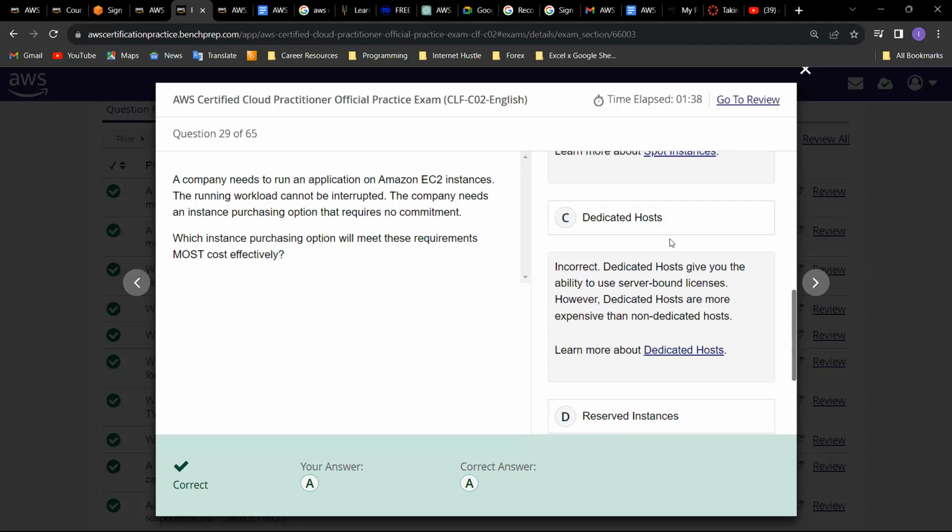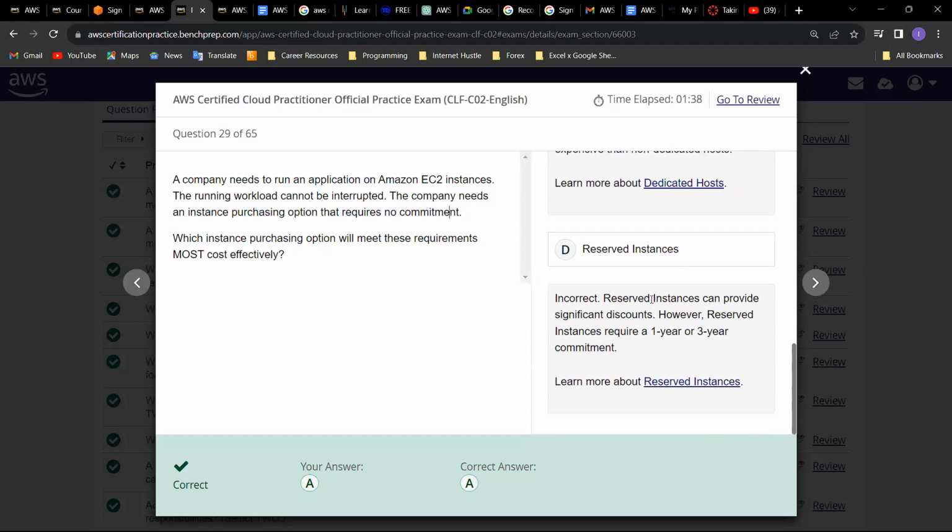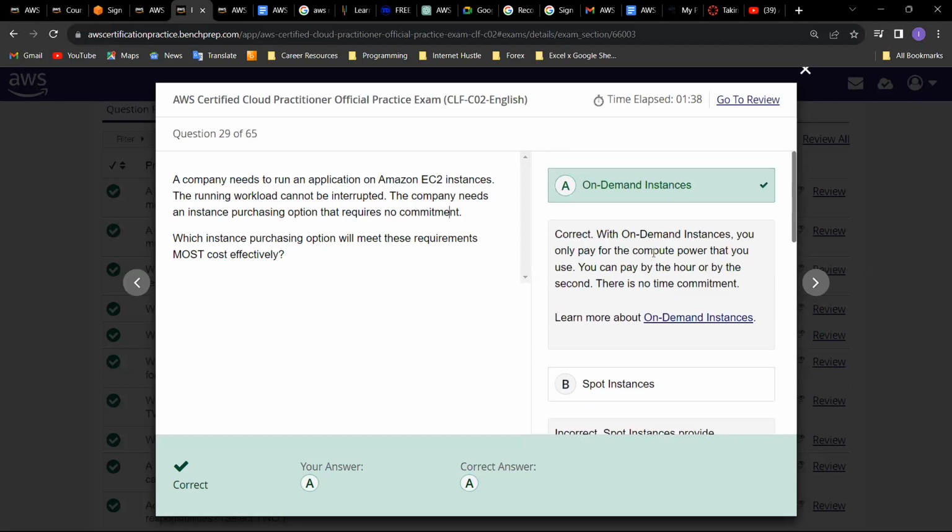However, they are very expensive, so it wouldn't be the most cost effective. And Reserved Instances, in as much as there is a no-upfront type, you are still committing to it, so it wouldn't be the most cost effective. So the most cost effective, as far as this question is concerned, is On-Demand Instances.